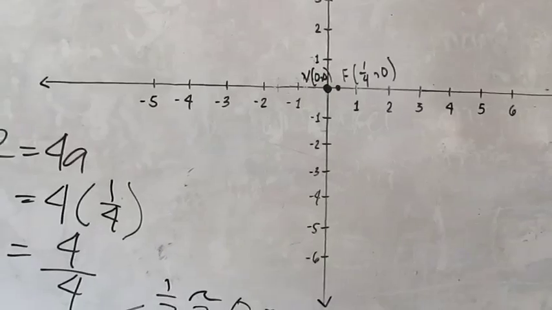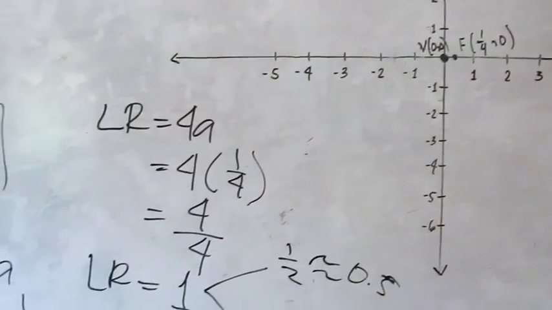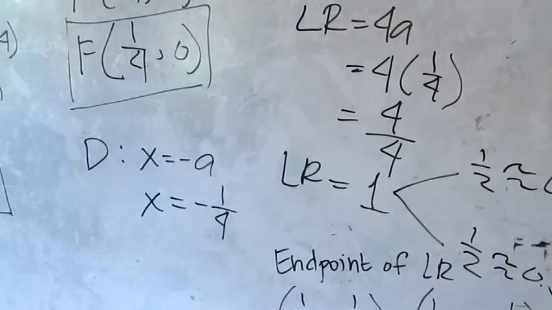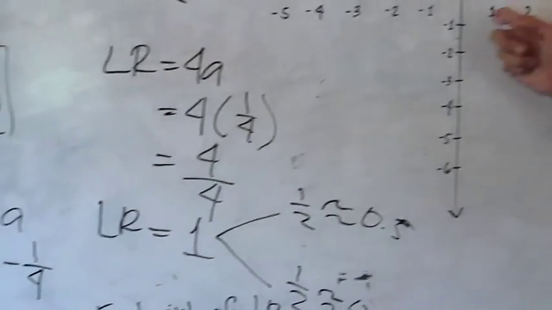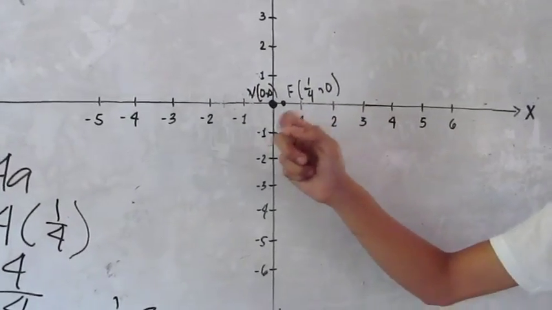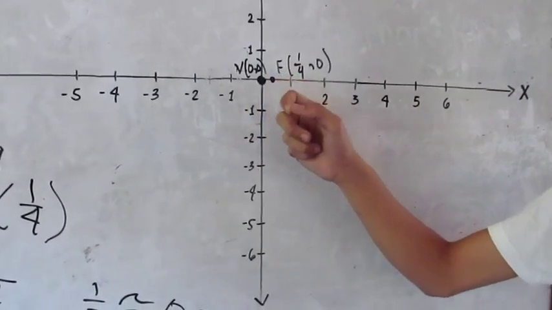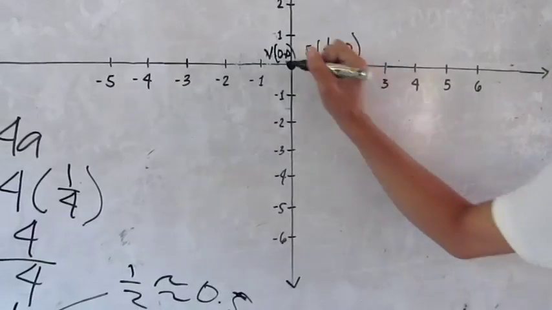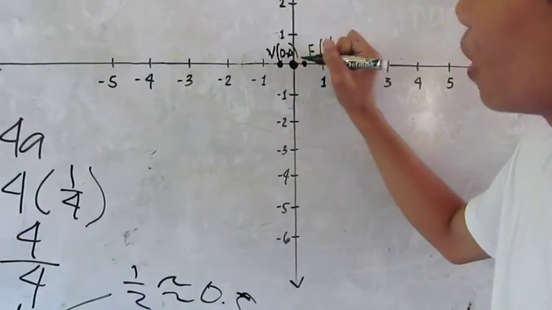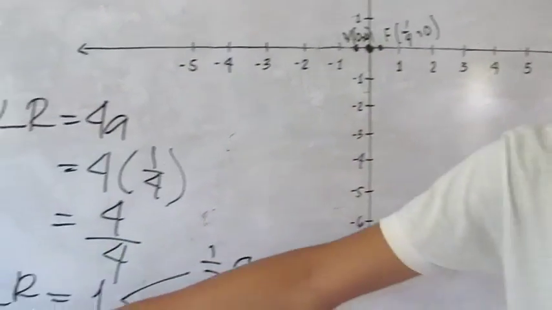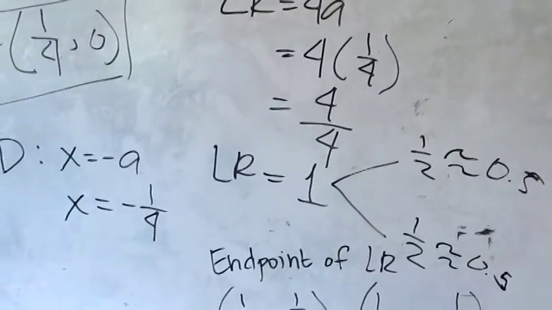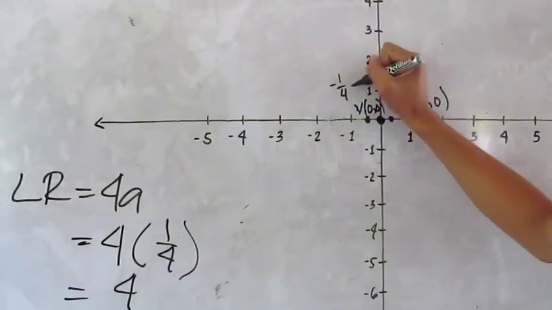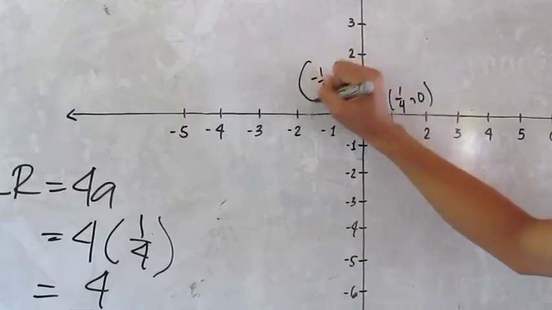And then we're going to look next at the directrix. The distance of the directrix from the vertex is the same as the length of the focus to the vertex. Yes, our directrix is x equals -1/4.